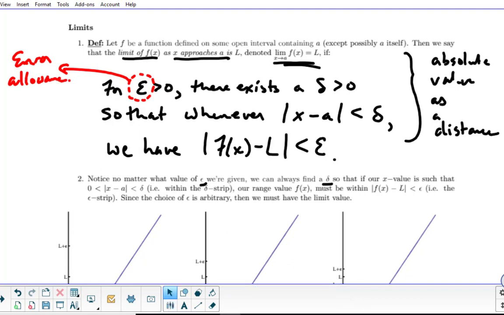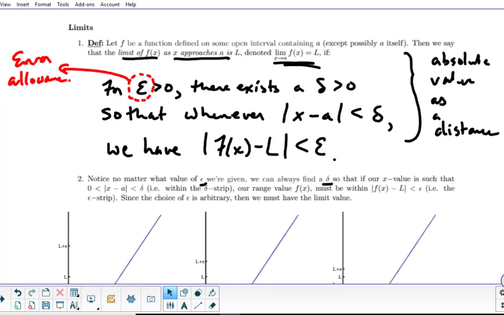We believe that the limit's going to be L, but we're willing to tolerate a certain amount of error. If you think the limit is 3, you don't have to get to 3 exactly, but if you get to 3.001, we'll be satisfied. So that epsilon is a tolerance that you're willing to accept. It's an error tolerance.